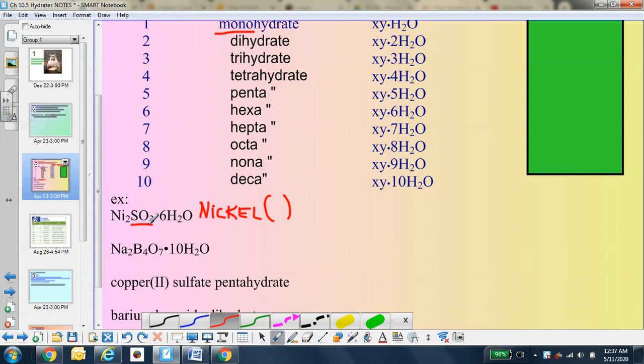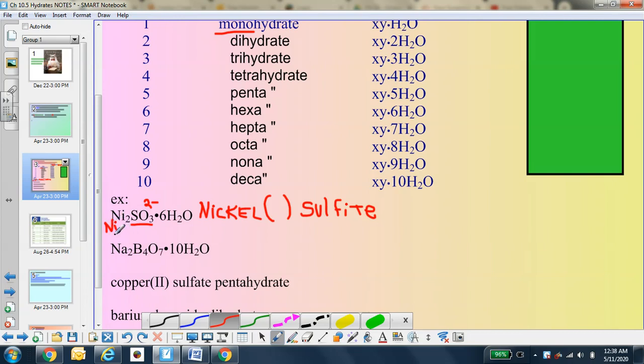So look up SO3 on your polyatomic table. That is sulfite. The charge on sulfite is a -2. You'll notice that we have 2 nickels here.